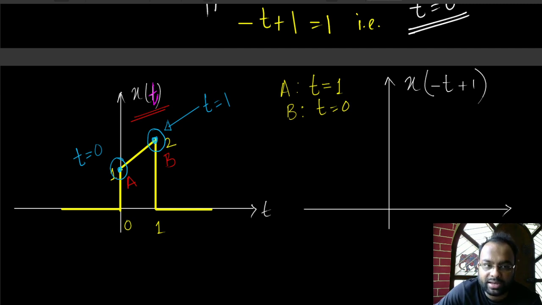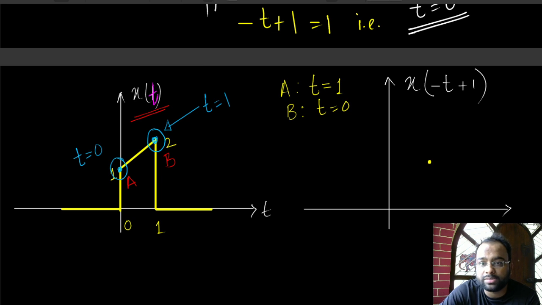What was the value of the signal at critical point A? The value of the signal was a jump from 0 to 1. So the critical point A is basically a value of 1 here, and it is happening at t equal to 1. So this is where the critical point A is happening.